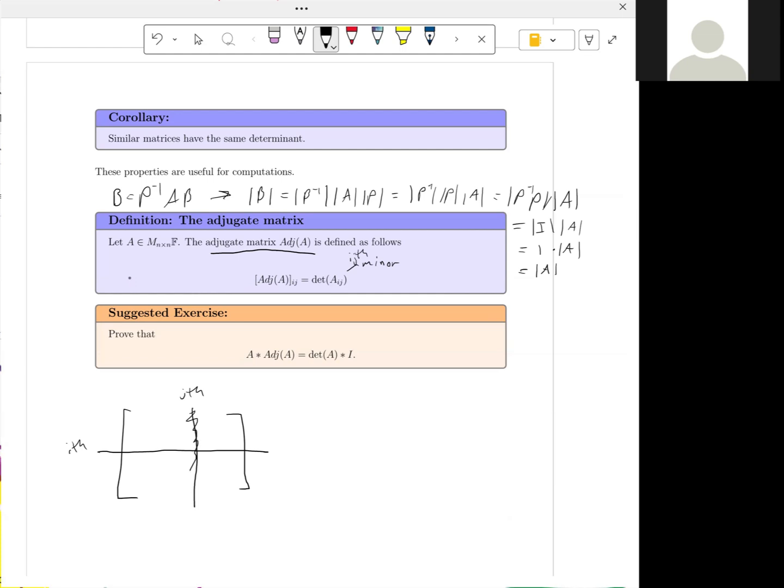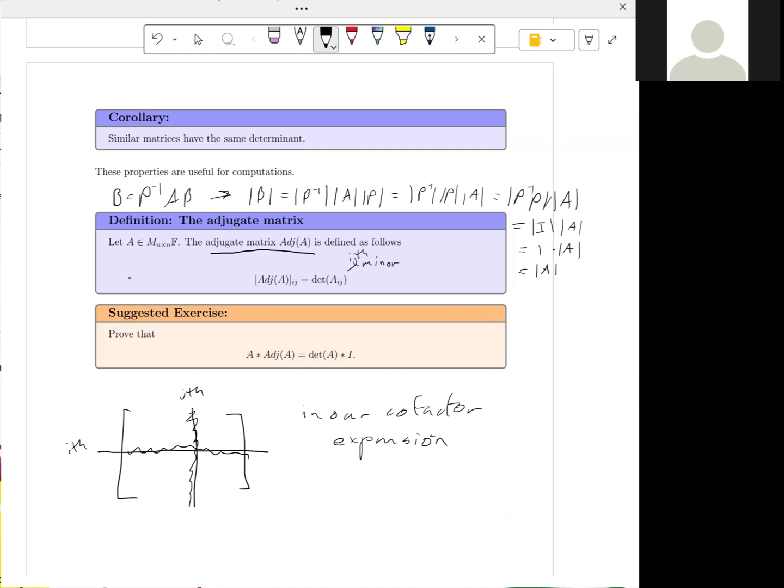And we get rid of those entries. And we take the determinant of what's left. And this is done in our cofactor expansion. With the adjugate matrix, instead of using that row and column to compute our determinant, we're actually going to take whatever that minor is, and that gives us the entry in our matrix.